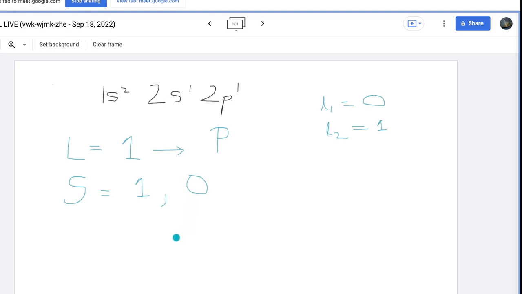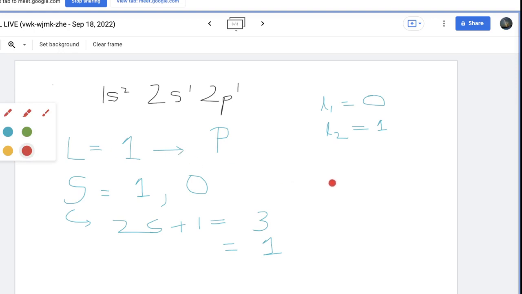So this will give me the multiplicity, that is 2S plus 1. If my S is equal to 1, it will be 3, and if my S is equal to 0, it will be 1. So multiplicity can be 3 and 1.